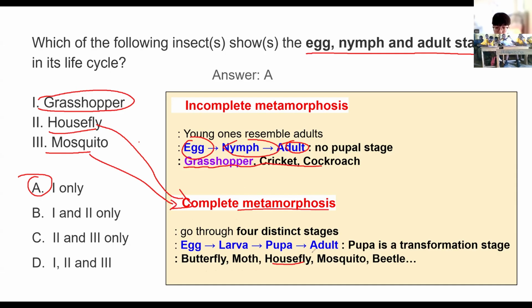Mosquitoes are also complete metamorphosis. They go through four distinct stages: egg, larva, pupa, and adult. So it includes this larva and pupa stage. So that's the difference. I hope everyone understands this topic.